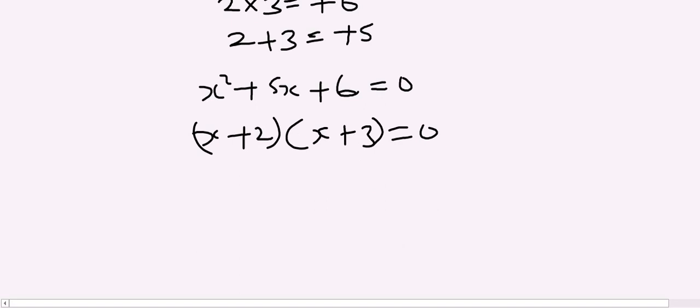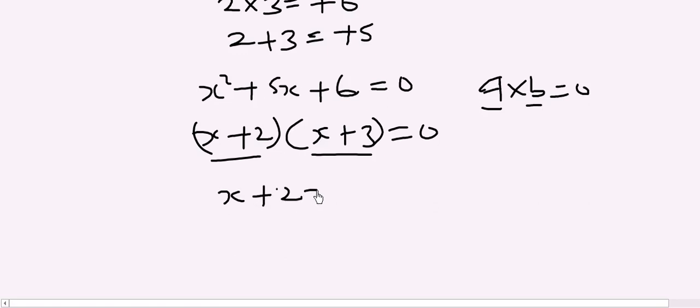It means that either this is 0 or this is 0. Because if a times b is equal to 0, either a is equal to 0 or b is equal to 0 or both of them are 0. So we can say that it's either x plus 2 is equal to 0 or x plus 3 is equal to 0.